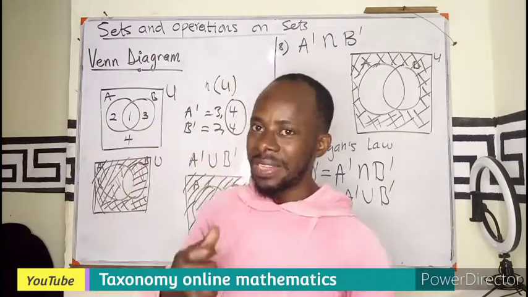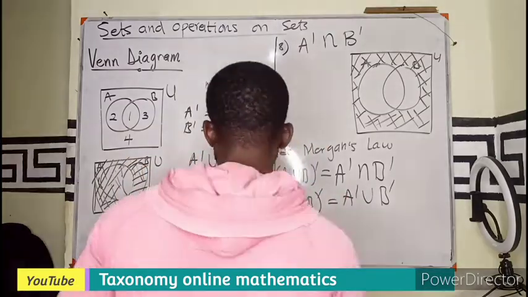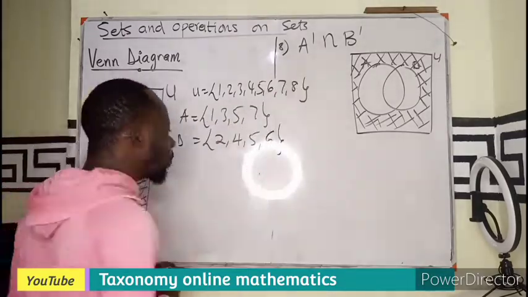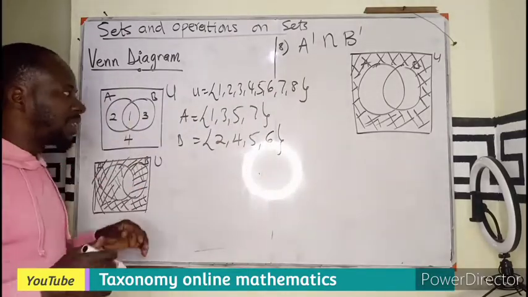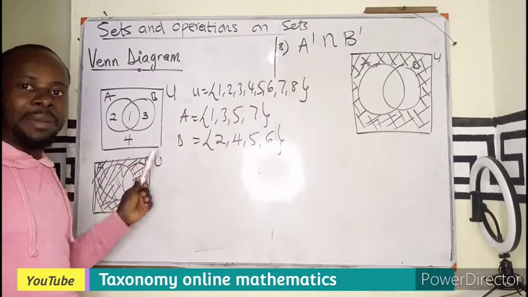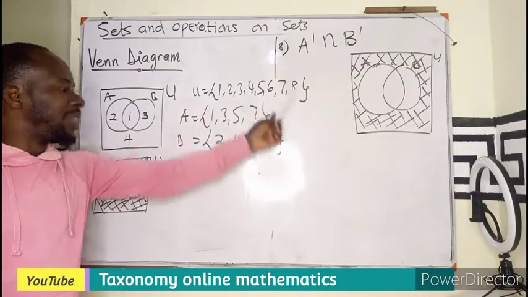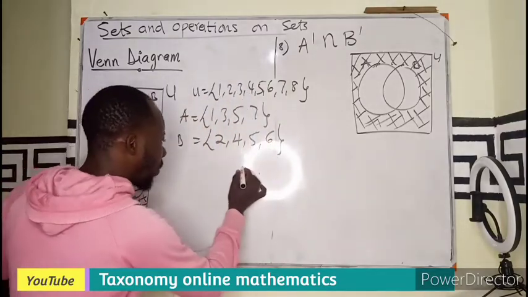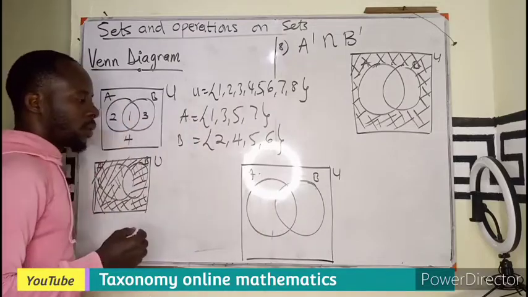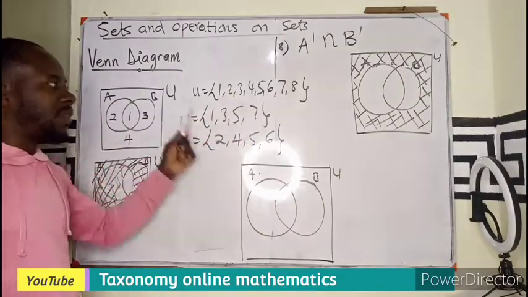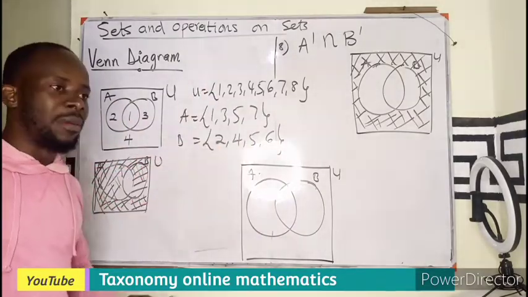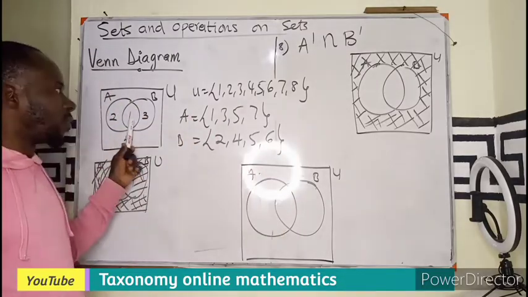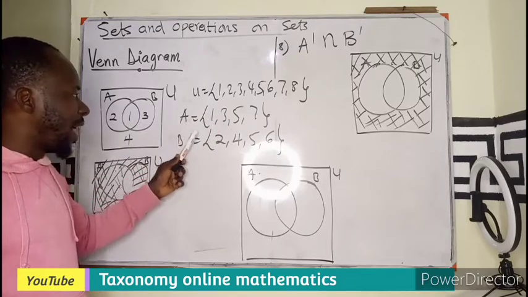If they give you a set A, let's say we have this set, just as we have described the regions, and we are asked to represent this set on a Venn diagram, meaning we have to indicate this set in the diagram. First of all, you have to find the intersection, which is region 1.